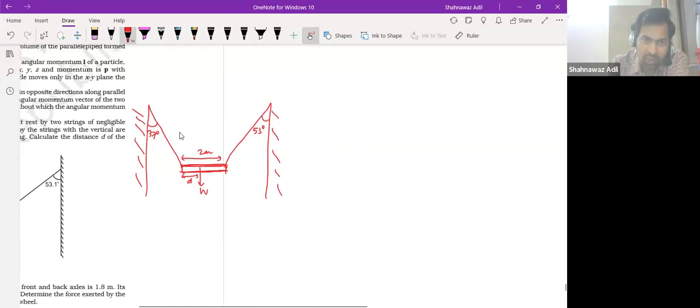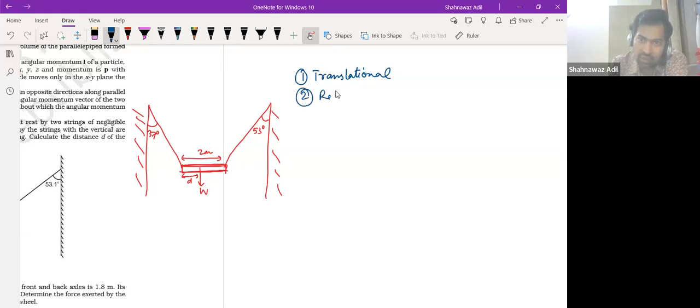So how many equilibriums could there be for this case? How many equilibrium, guys? 2. Right, so one would be translational, because this bar is at rest, which means that all the forces are balancing each other.